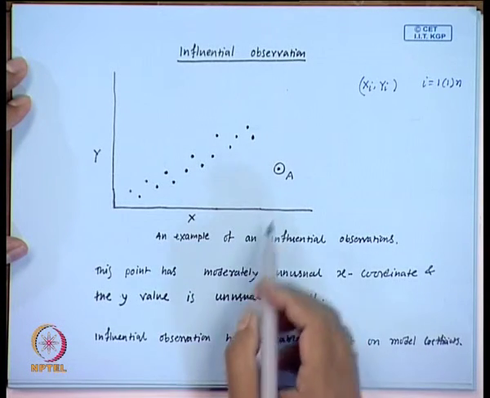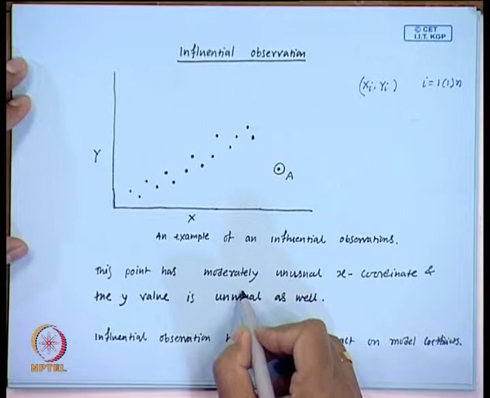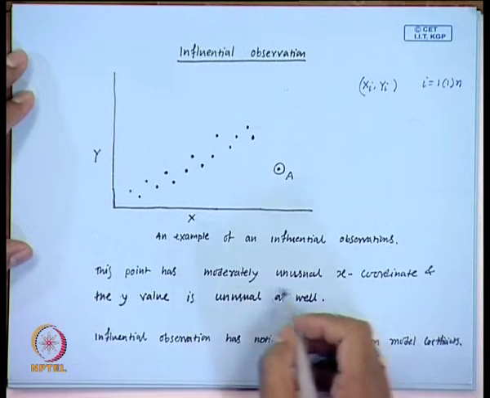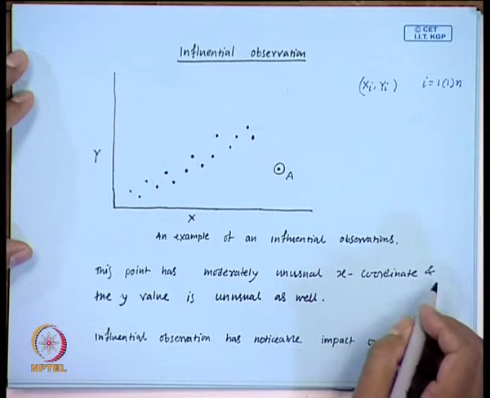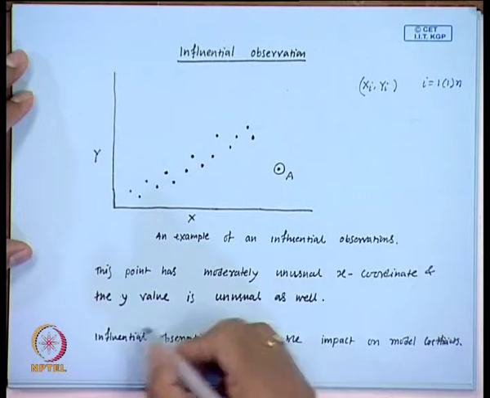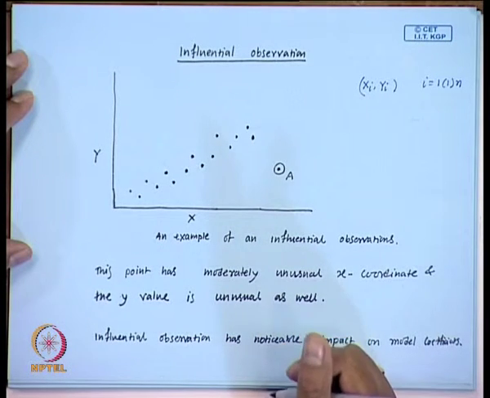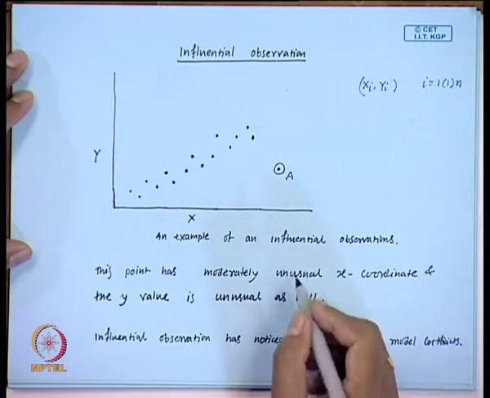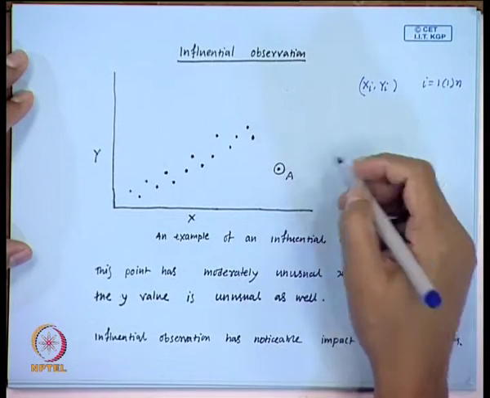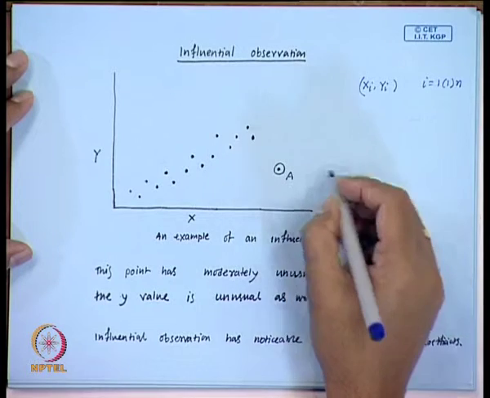You check that this point has a moderately unusual x coordinate, and the y value is also unusual. Okay. So, both the x coordinate and y coordinate.